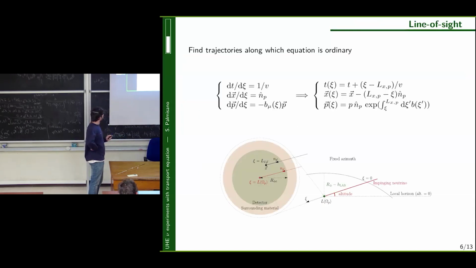So this shows you the system of these characteristic trajectories, as one calls them. And here we have this psi, which has the dimension of length.